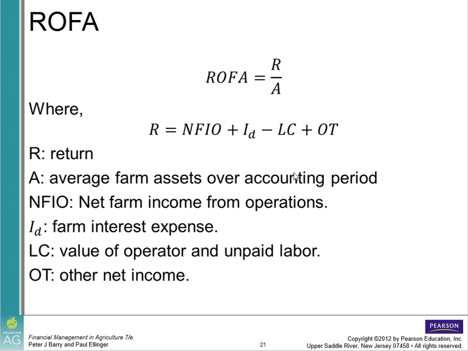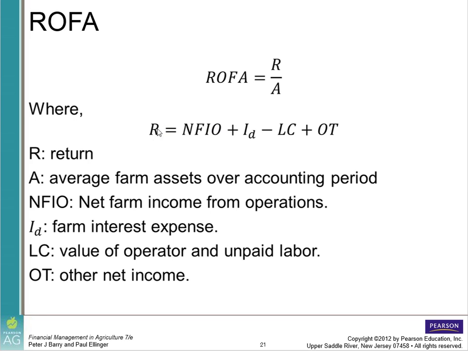All the rate of return on farm assets is telling you is, the assets that you have, how much return are they actually bringing you? If your rate of return is negative, or this ratio is very, very small, then you can get a sense that, hey, I am probably not making the best use of my assets.